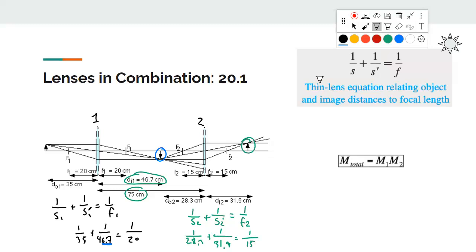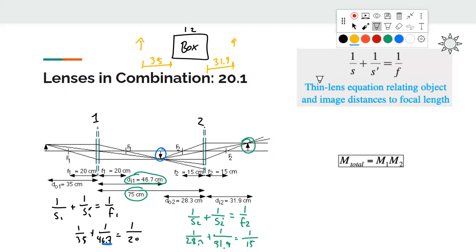So what this is saying is that if we put these two lenses in a box and called that box an optical instrument that we shine light into, with lens 1 and lens 2 in here, and we have our object that's 35 centimeters away, it'll produce an image that's 31.9 centimeters from the other side of the box.